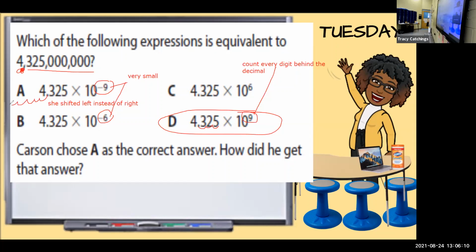With the negative, we'll go left to add in those zeros in the front. You see what I mean? So it just all depends if they give us standard form to start off with, or if they give us the scientific notation to start off with. Good question.